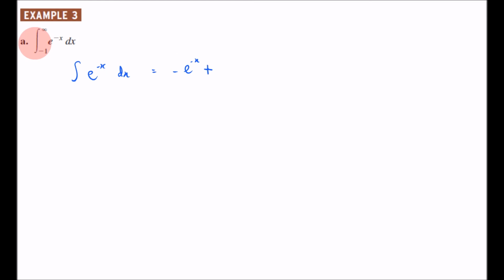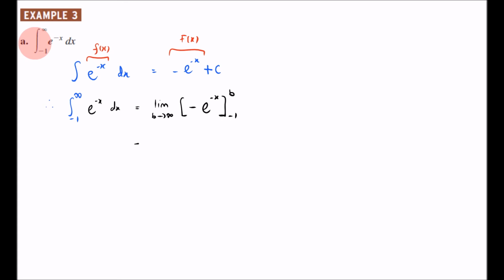Now you put in the limits. So this is your capital F(x), and this is your small f(x), e to the minus x dx. So straight away you can put your limit as b approaches infinity, with b on top and 1 at the bottom.